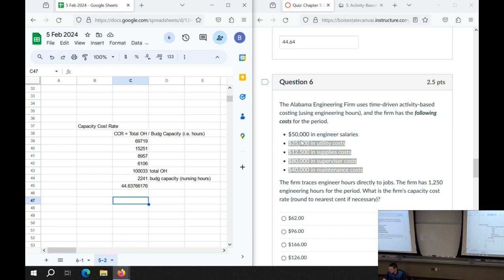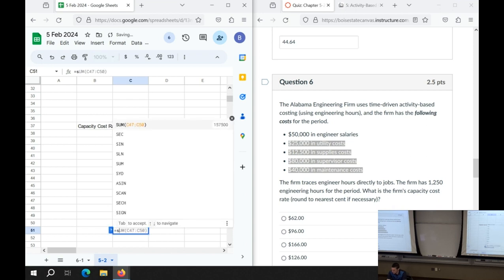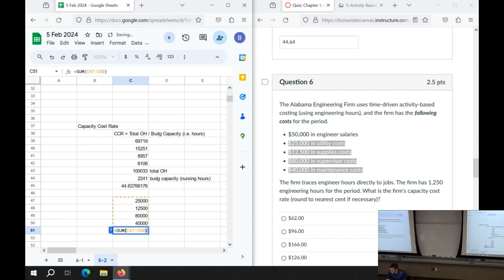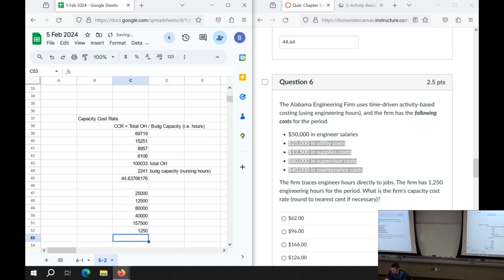So don't include that 50,000 or you'll get the wrong answer. It's 25,000, 12,500, 80,000, 40,000. Sum those. Get it right? Oh, good. And then 1250. This is our total overhead.